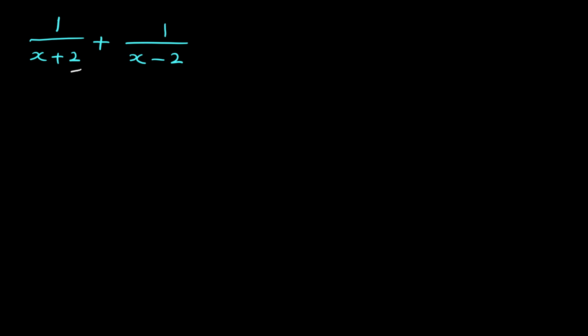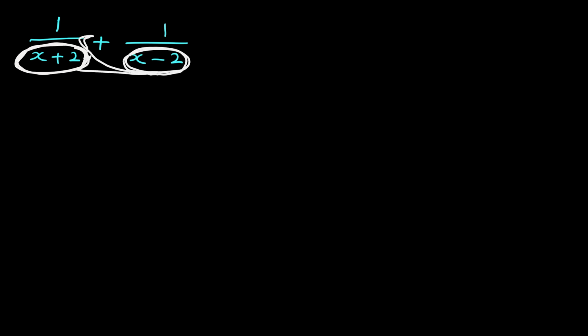By looking at these denominators, we notice that they are not the same. Here we have x plus 2. In the other denominator, we have x minus 2. To make the denominators the same, we have to multiply the denominator of this fraction by x minus 2.